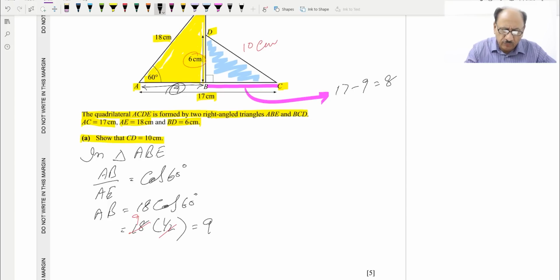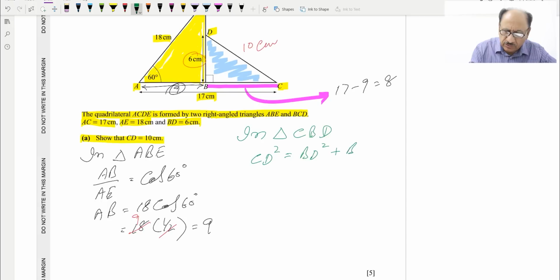Yes. So now we can consider the triangle. We can write in triangle CBD, we can apply Pythagoras theorem. So CD square will be equal to BD square plus BC square, and BD is 6, which is given, and BC we just calculated, which is 8 square.